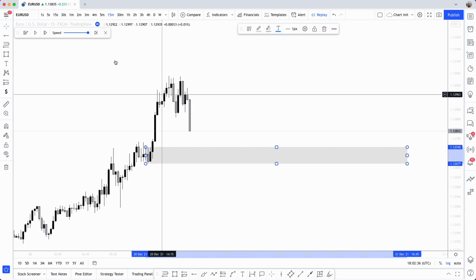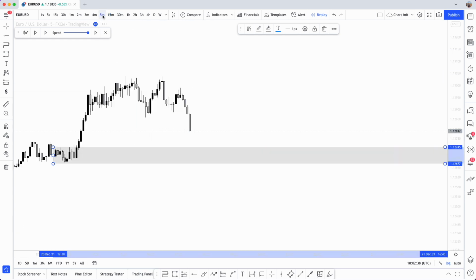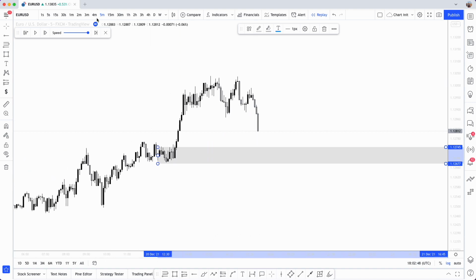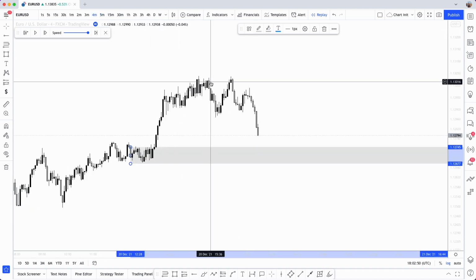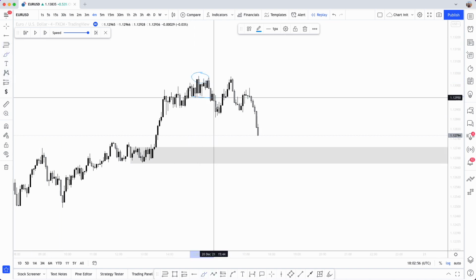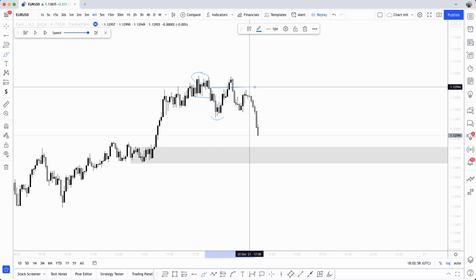We want to know what's happening in there. So let's go 5-minute. Again, it's pretty much the same thing. We have a range, impulsive move, but we don't really meet our rules in order to understand our structure. Let's go 4-minute. And what we can see here is we have a high, we have our low, we have our break, and we have mitigation.